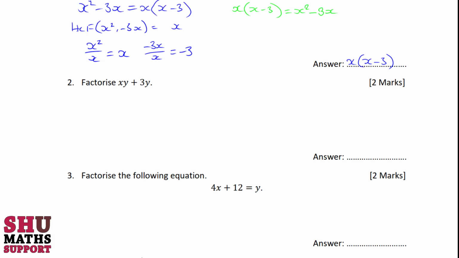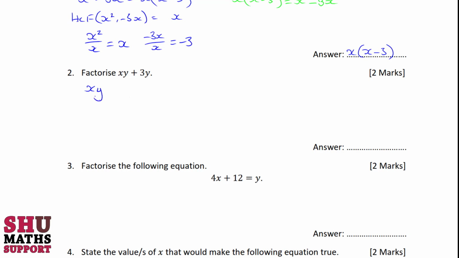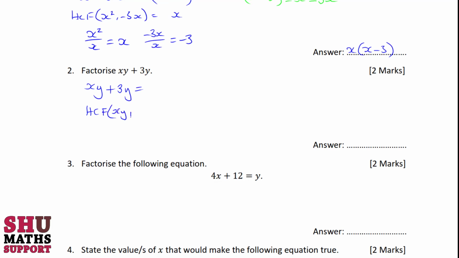Now, the next question asks us to factorize xy plus 3y. So this time there are two variables in the first term. So we have xy plus 3y is equal to the highest common factor of xy and 3y is equal to, well, there's a y in both terms, so we know a y is included.